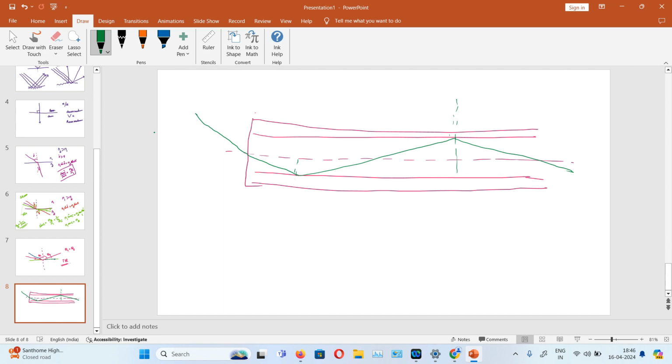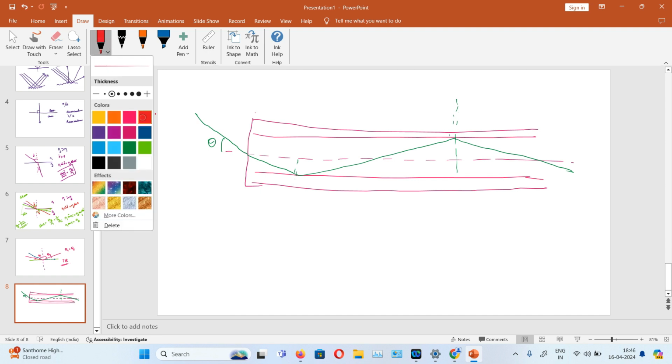Now this angle is called the acceptance angle. We can see that there will be a maximum angle at which light can be incident or given inside the fiber. What happens as we increase the acceptance angle?